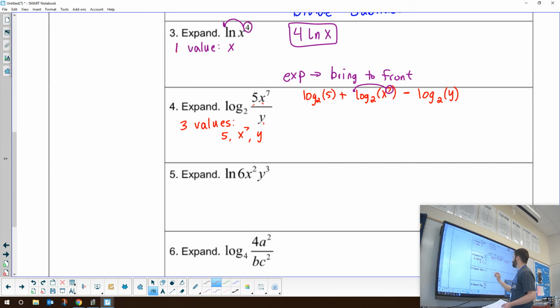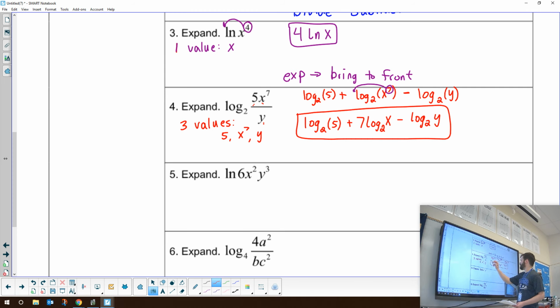So I can go here and go log base 2 of 5 plus 7 times log base 2 of x minus log base 2 of y. Notice how I wrote this one with parentheses, but I didn't write this one with parentheses. Listen, it doesn't matter how you write these out. This is just going to be my answer. Log base 2 of 5 plus 7 log base 2 of x minus log base 2 of y.